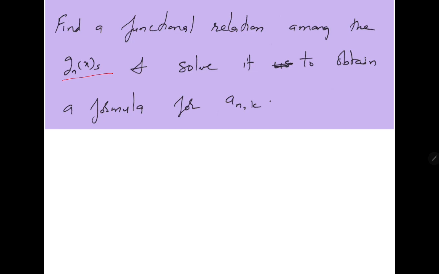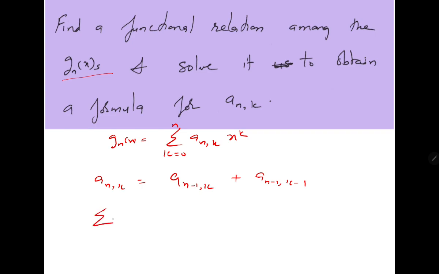So now first see, I have given g_n(x) is summation a_n,k x raised to the power k, k from 0 to n, and the recurrence relation is a_n,k equals a_n minus 1,k plus a_n minus 1,k minus 1. So multiplying by x raised to the power k and taking the summation, since n minus 1 is there I must start from 1 only.